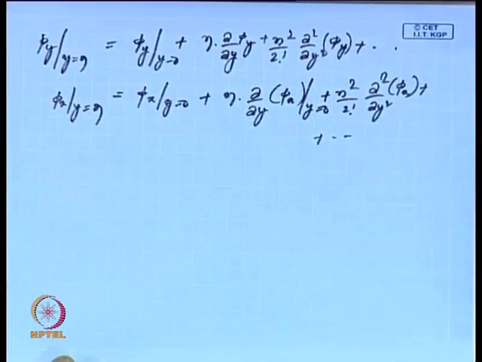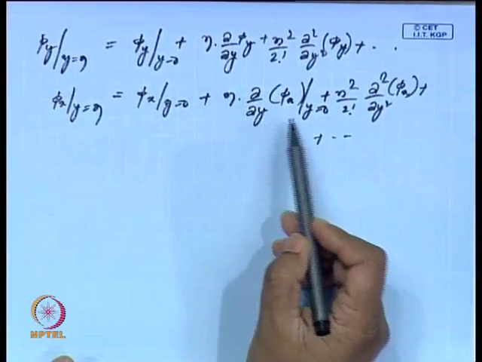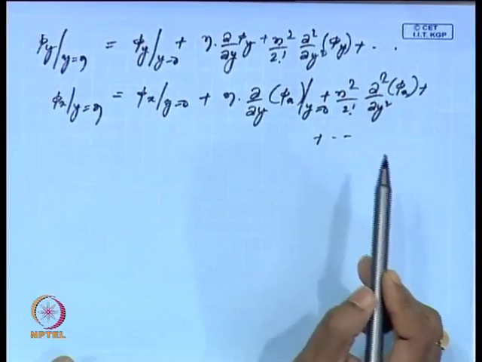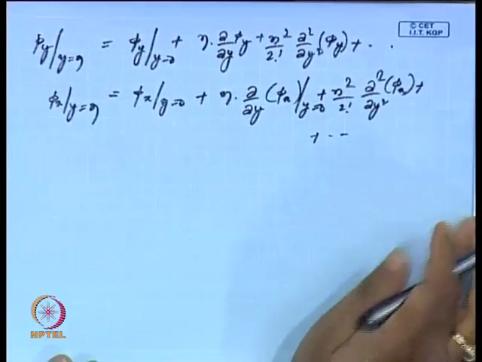In the last page we had taken del by del x, it should be del by del y, and del square by del x square should be del square by del y square.